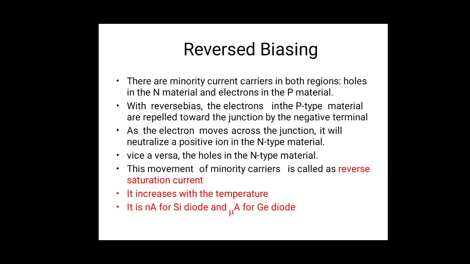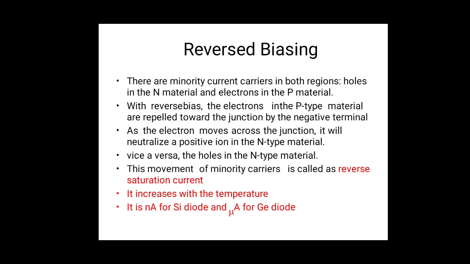In a reverse bias condition there are minority current carriers in both regions, meaning holes in the n material and electrons in the p material. We should know that in a p type there are a majority of holes and a minority of electrons, and in an n type there are a majority of electrons and a minority of holes.